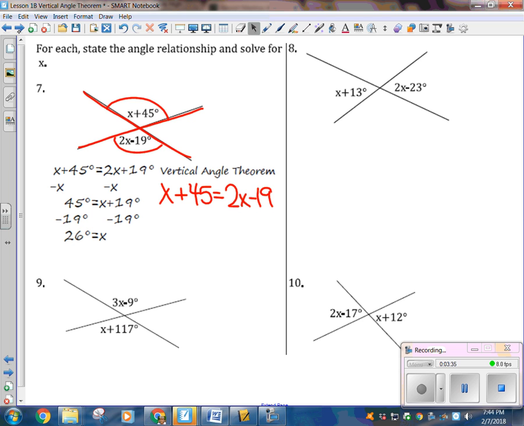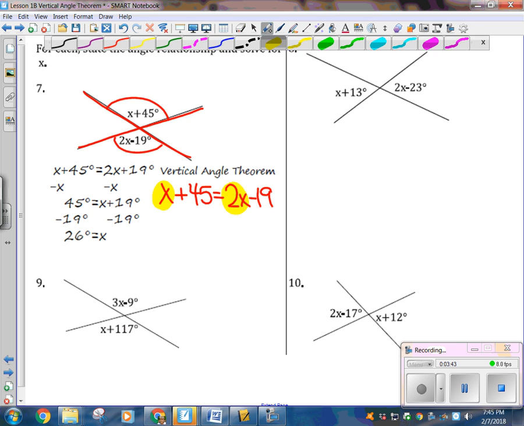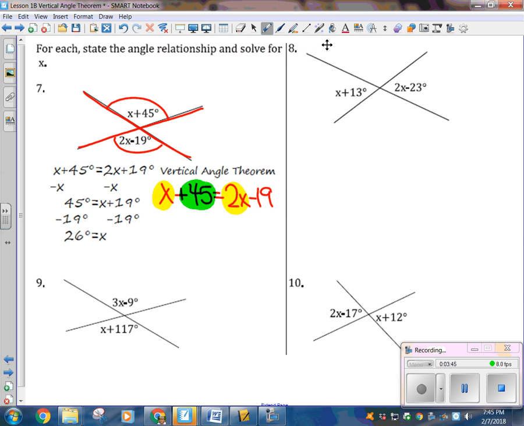And just to review what you would have done from Math 1, anytime you see a value with an X, I want to try to get all my X's on one side and everything that doesn't have an X on the other. So I kind of highlighted just to refresh a little bit. This should be stuff that hopefully comes back. I'm going to take this X over here. So I want to move the X's over there.